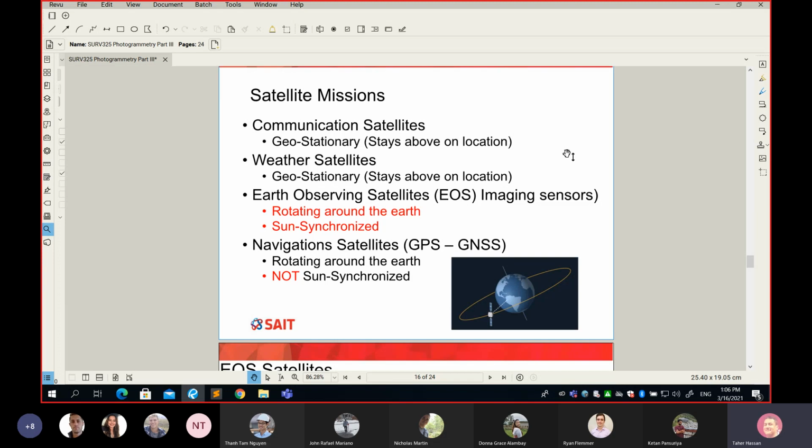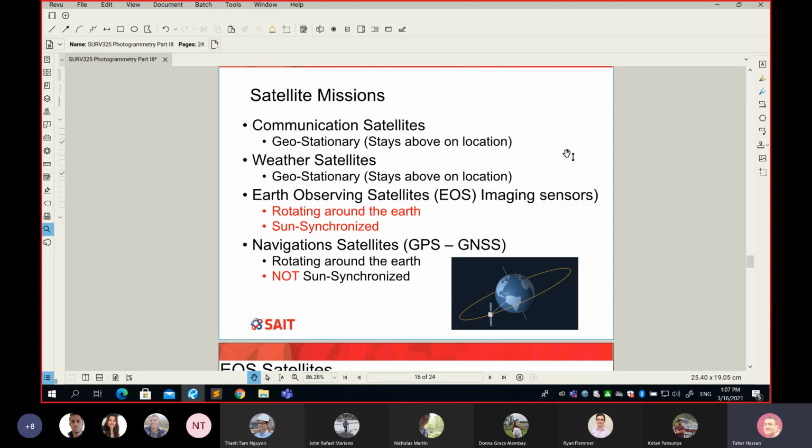Although weather satellites don't provide any signal for us, they stay above, for example, Alberta all the time, because from weather satellites we can take photos, predict the movement of the clouds, and do some kind of weather forecast. So those are also geostationary.